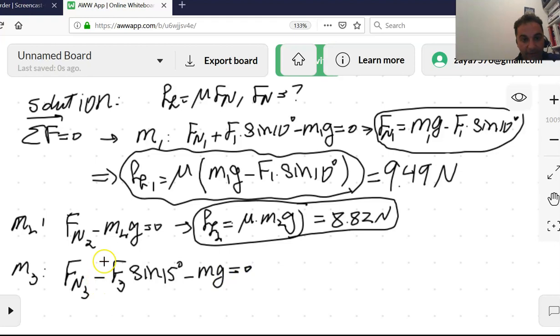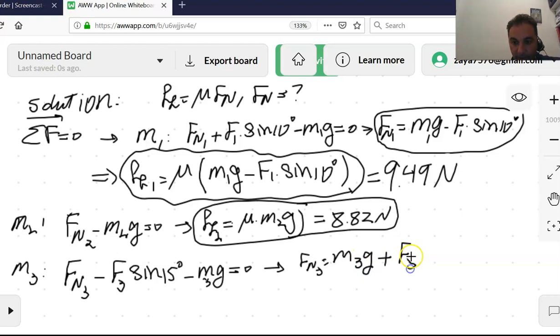So I want you to pay attention between 1 and 3. Therefore here, I can find Fn3. Fn3 becomes equal to M3g plus F3 sine 15.